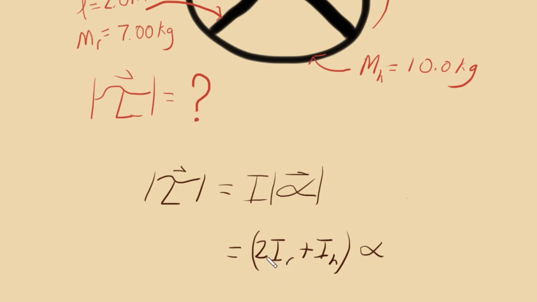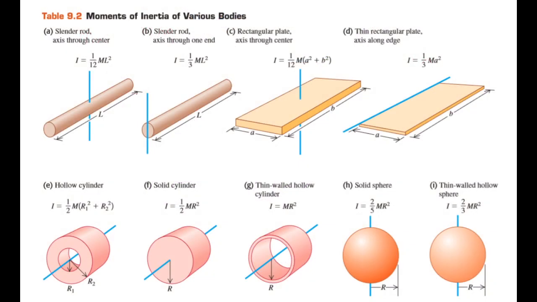And we have 2 of those. So here I have it represented 2 times the moment of inertia of the rods, because we have 2 rods, plus the moment of inertia of a hoop. So let's go back and look at what the moment of inertia of a hoop is, which is just mr squared, letter G. So we're going to have two letter A's plus a letter G.